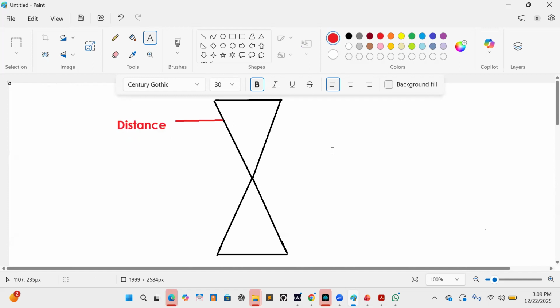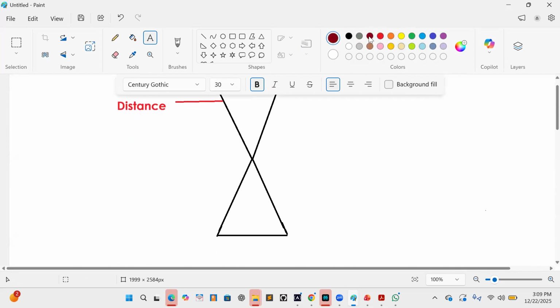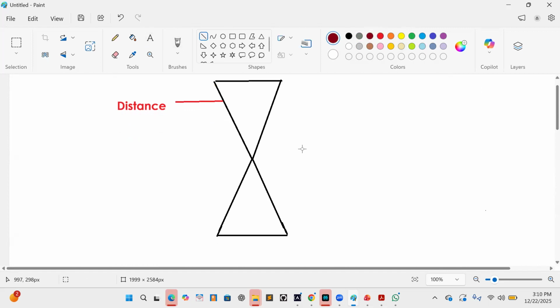Okay, so let's assume I decide to use a round top first. A round top. So for this myopia, I just want to use a round top, okay, that's what I want.